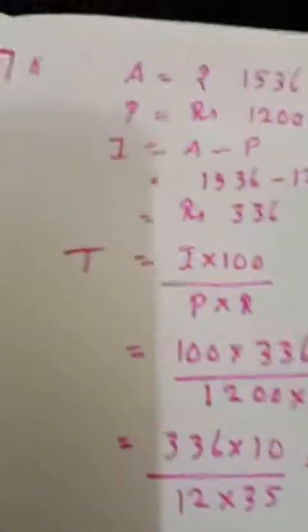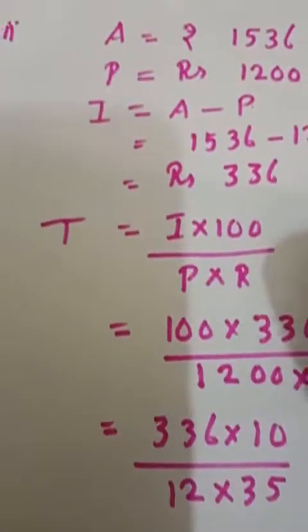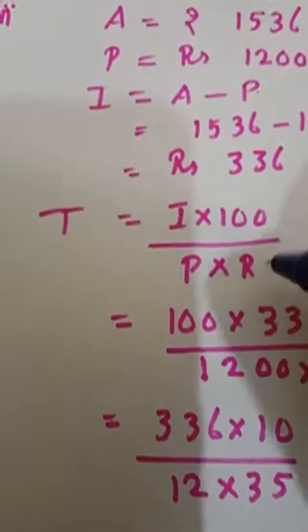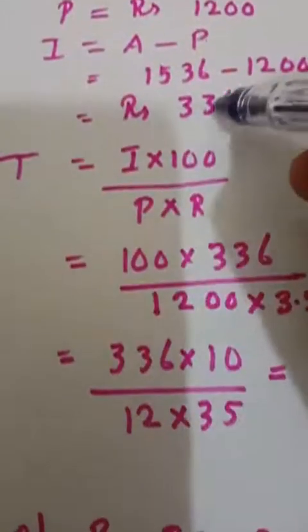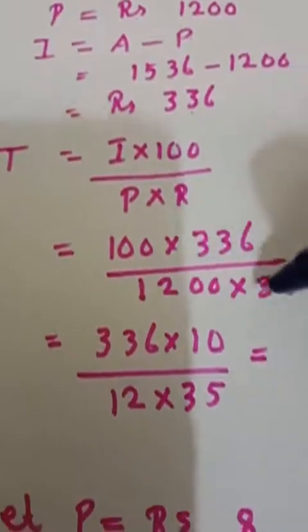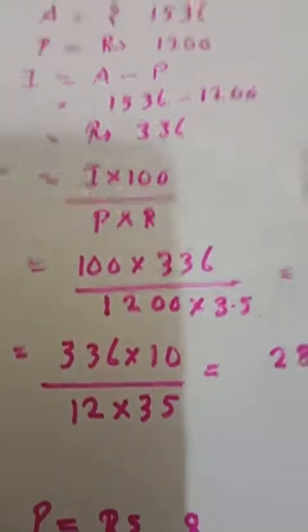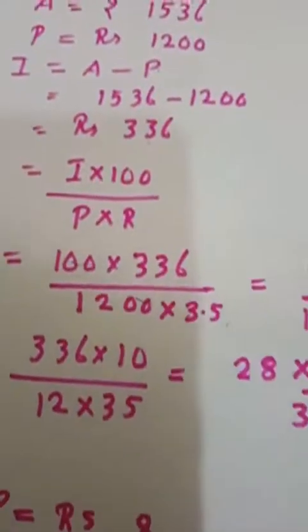Now the formula. Time period is equal to 100I by PR. So 100 into what is I? 336, by what is P? 1200. What is R? 3.5. Now cancellation: the two zeros get cancelled.